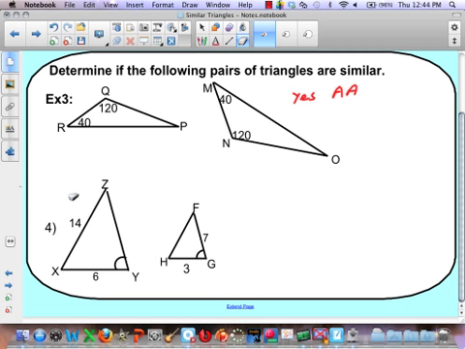Right, and when we're looking at this, it almost looks like the model for SAS, right? But again, to be SAS, it has to be the included angle. Well, we have our included angle here on FGH, but not on ZXY. So therefore, not similar.